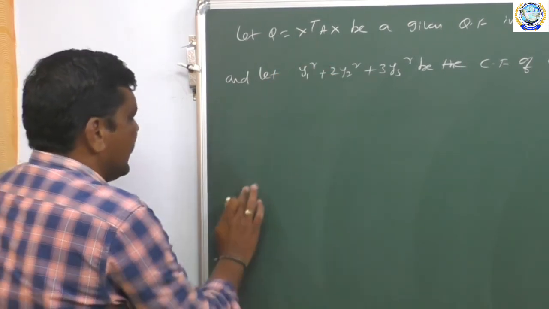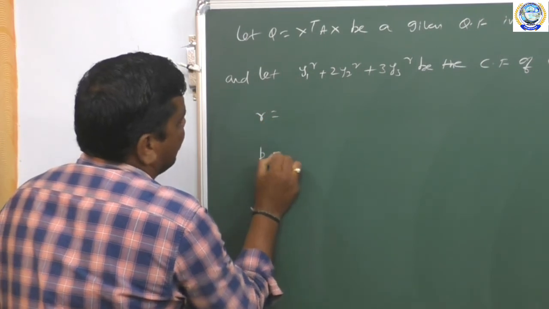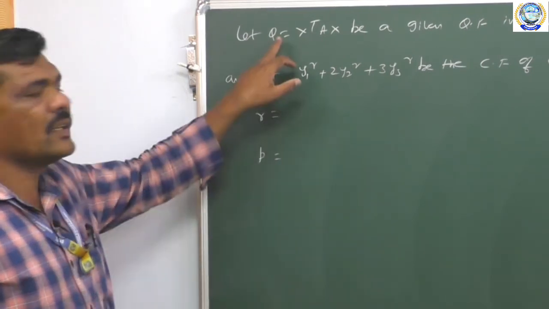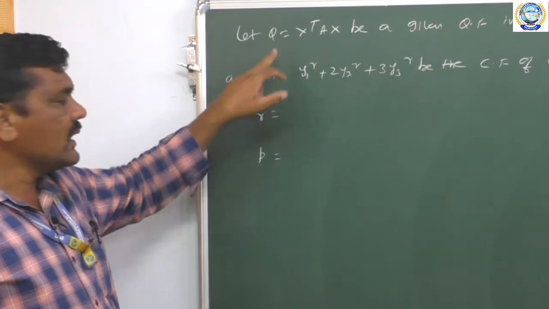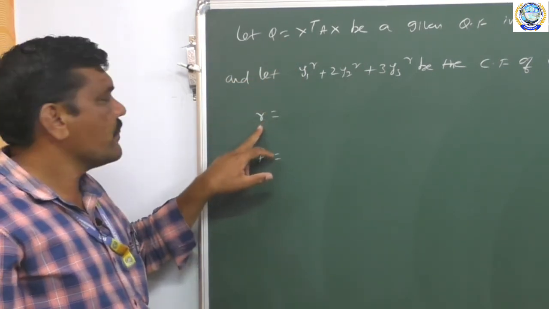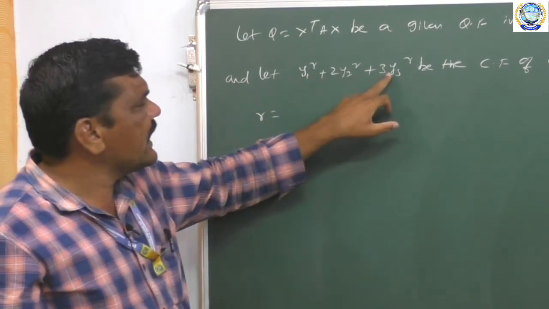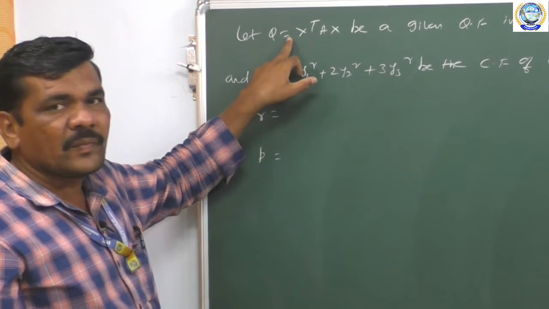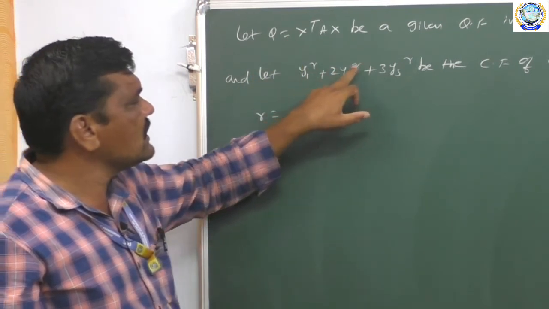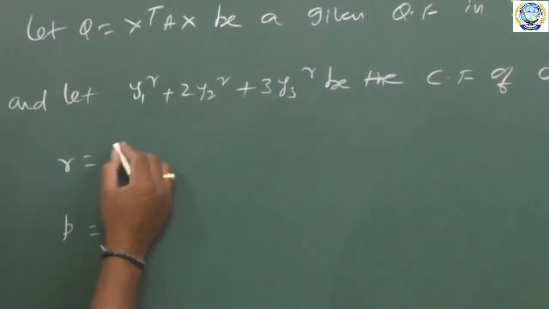It does not involve any product term. So here we find the rank and index of the given quadratic form. The rank of a quadratic form is the number of non-zero terms in the canonical form of Q. Here there are 3 non-zero terms, therefore the rank is 3.